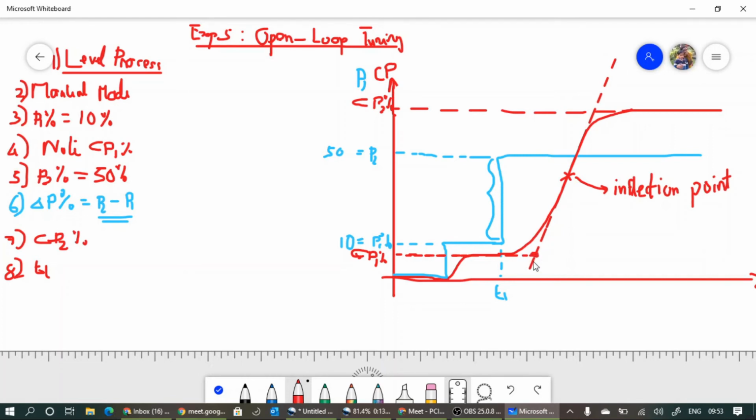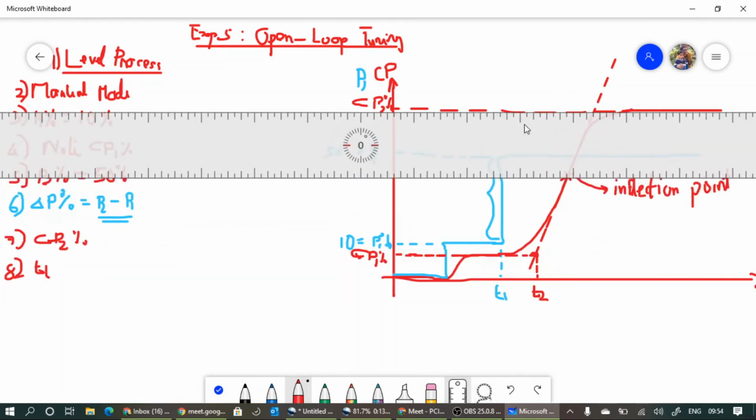Okay, so you have to note the corresponding time. So that is T2. Okay, so this is T1 at which the step is given. This is T2 where CP1 horizontal line, the steady state line of CP1, is intersecting with the tangent. Now what you have to do? You have to draw another straight line from this second steady state point, that is CP2, to the left.